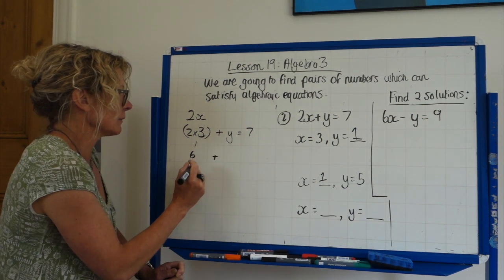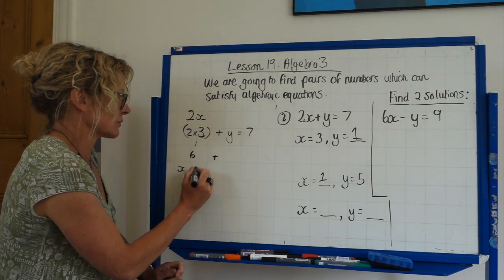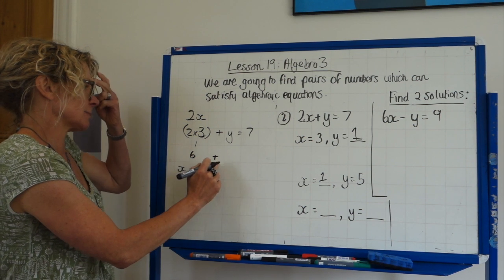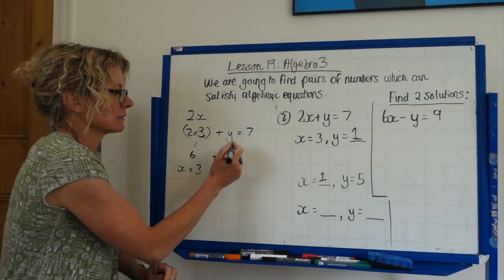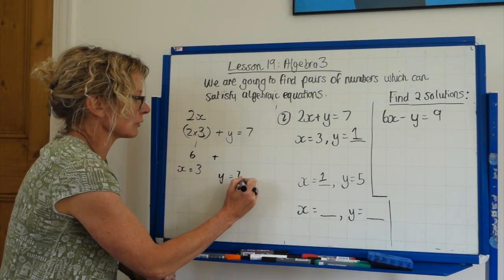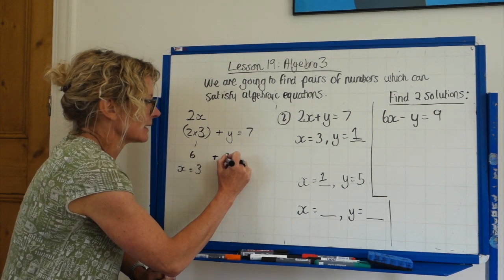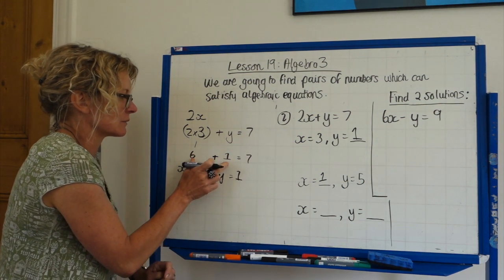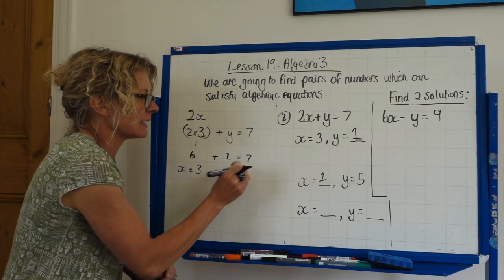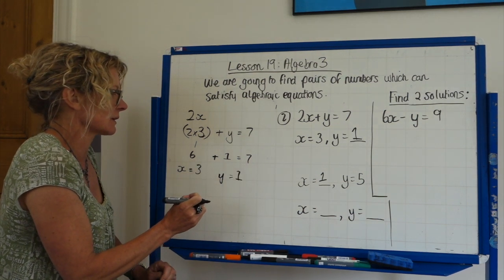So therefore, if x equals 3, 6 plus what makes 7? Y would equal 1. You have just got to keep it balanced at all times. So whatever you're doing on this side, it equals what's on the other side, okay?